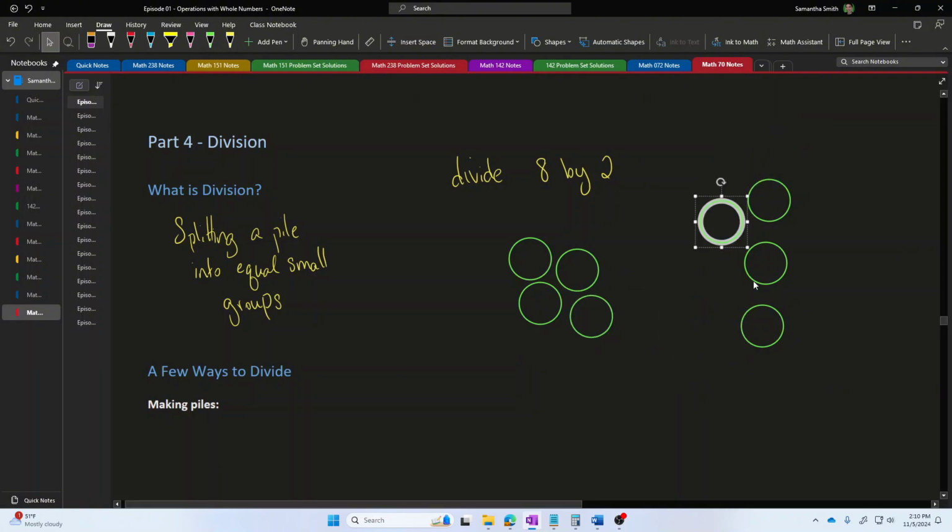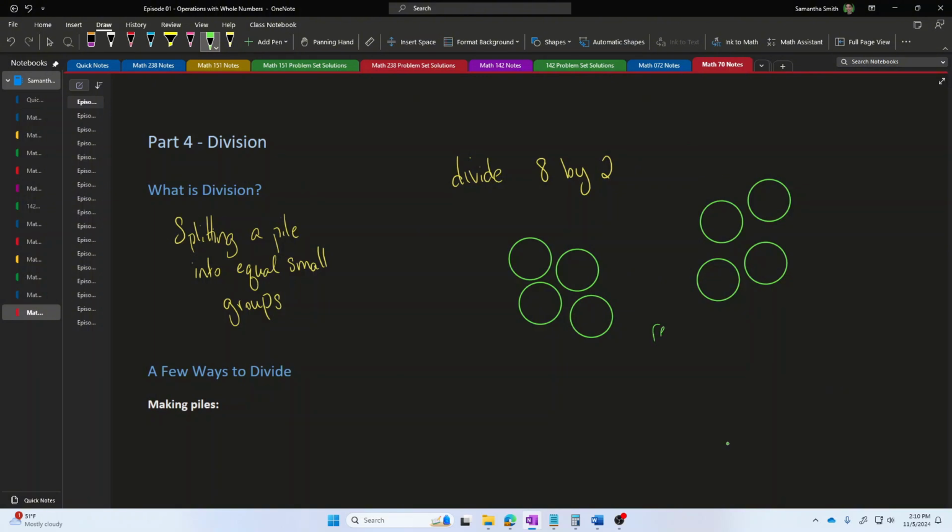Then each pile will contain 4 objects within it. And so dividing 8 by 2, dividing 8 into 2 groups of equal size, those groups ended up being 4 objects large. And so the result of this division would be 4.